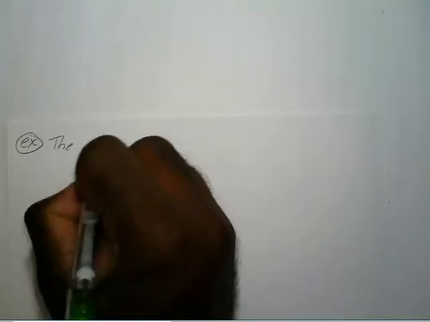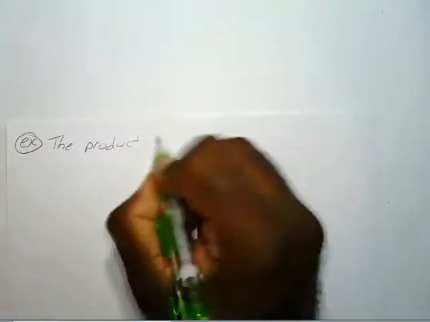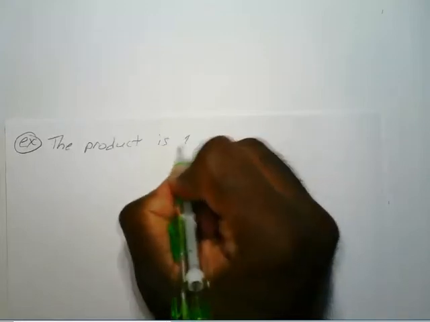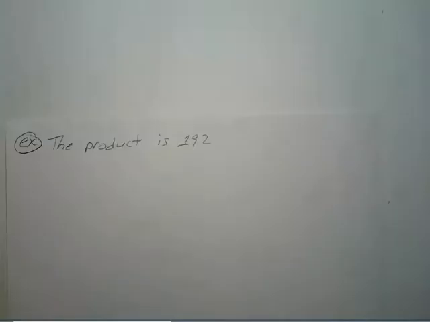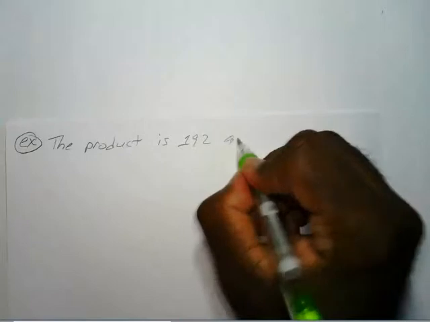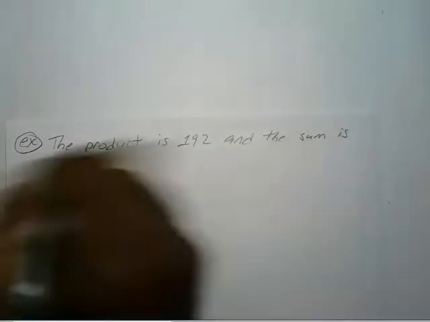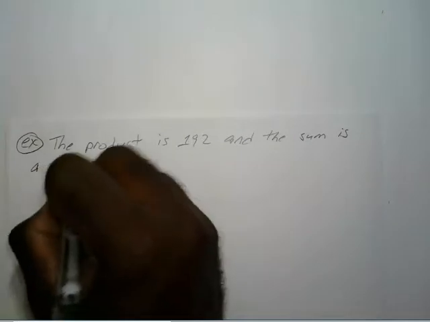Let's say for our first example, you have the product is 192 and the sum is a minimum.